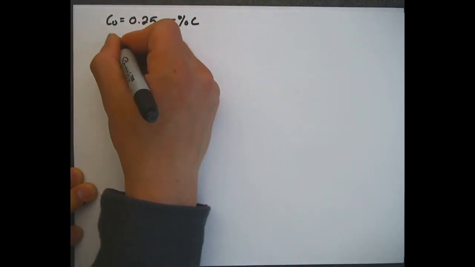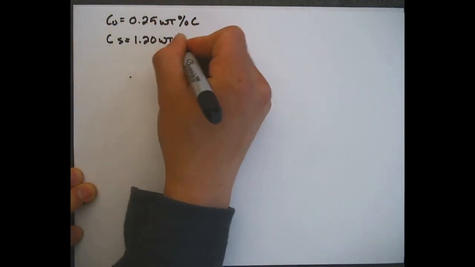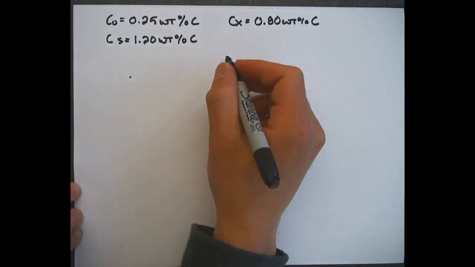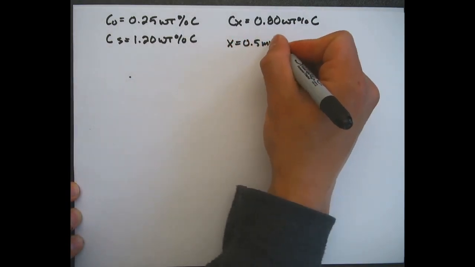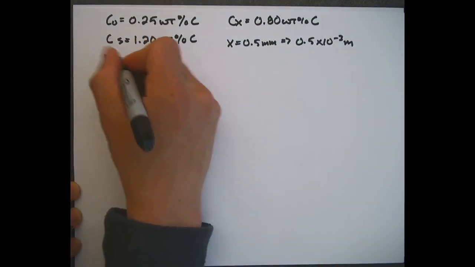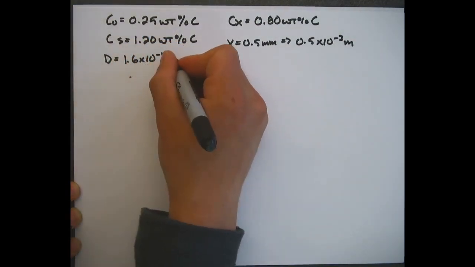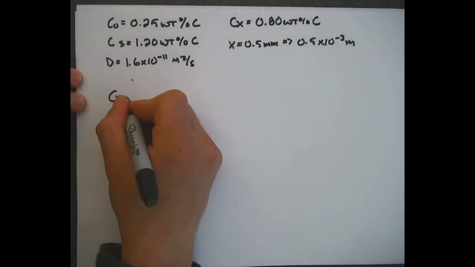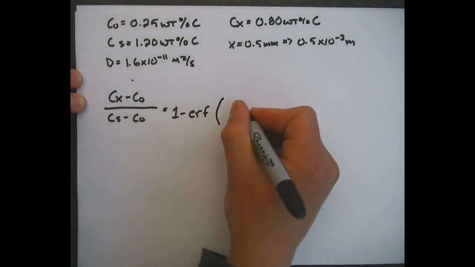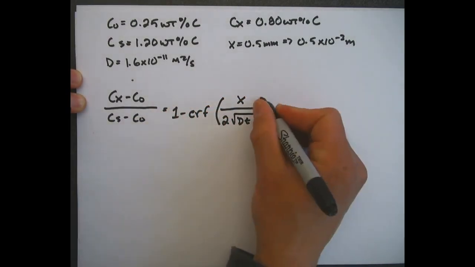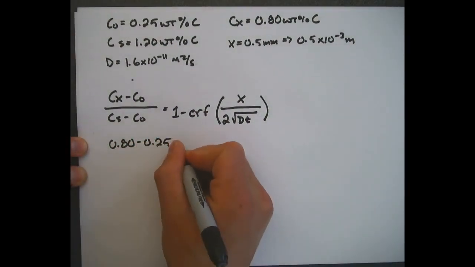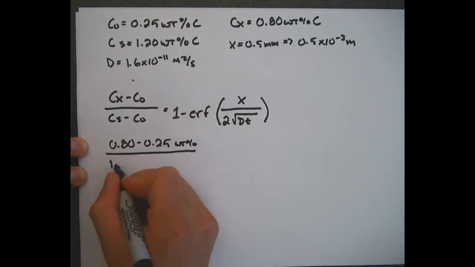So we'll give our variables some values: initial is 0.25 weight%, surface concentration is 1.2, concentration at depth is 0.8, and x, the depth that we wanted, is 0.5 millimeters, which is 0.5 times 10 to the negative third meters. Our D for diffusion value is 1.6 times 10 to the negative 11th meters squared per second. We have to change x into meters because the units for D include meters, and we want all of this to cancel out, so what we're left with in the end is seconds.